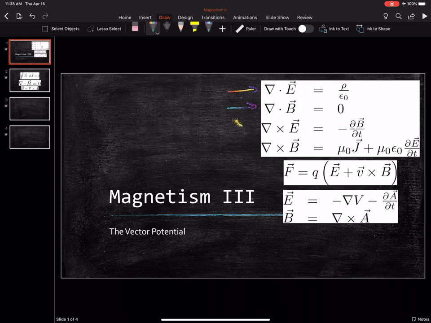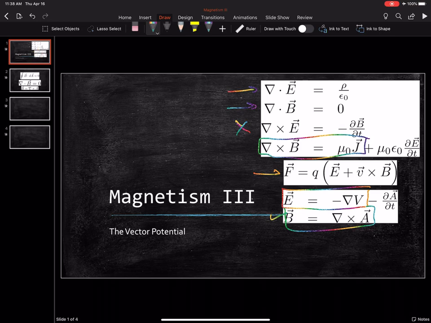We do not have this next one yet; that one is going to wait a couple of lectures. This one here, we've got some of it. We don't have this last part just yet, but we do have the Lorentz force law. We've got part of the electric field, and we also have the magnetic field.